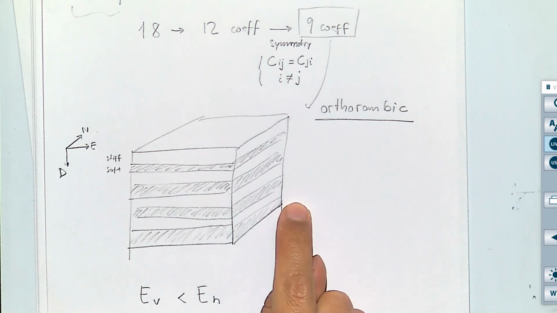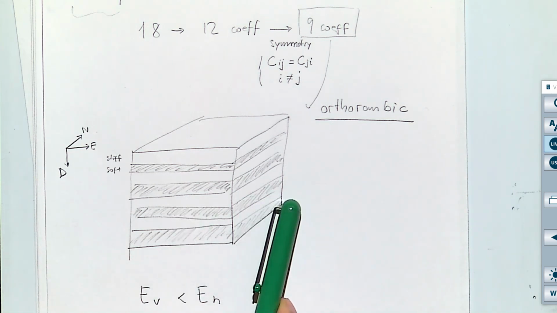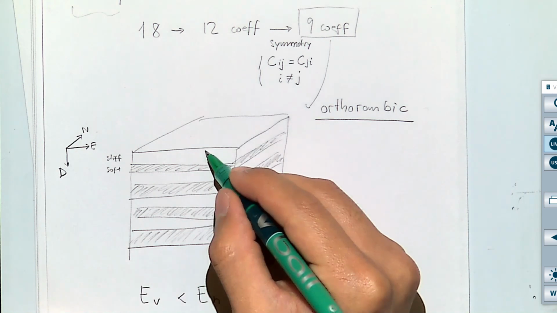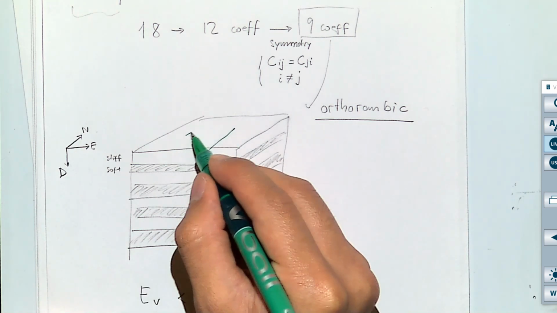In the orthorhombic case, there are going to be horizontal directions in which we also have different compliance or different stiffness. And that can be caused, for example, by a set of fractures.